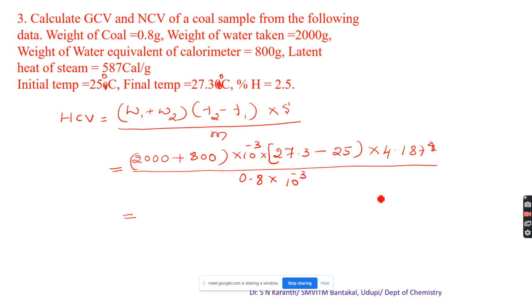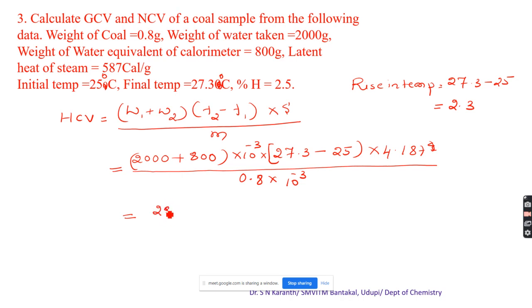The rise in temperature is 27.3 minus 25. How much does it become? 2.3. How much did you get?